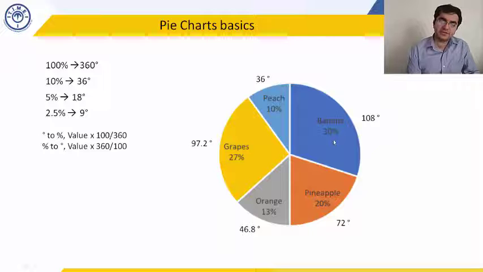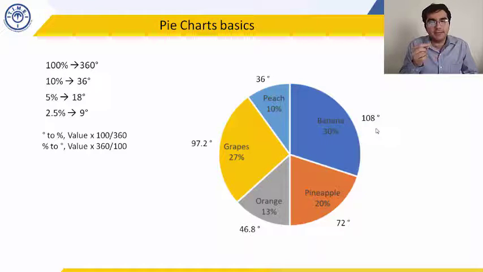Next, what would be 30%? 30% would be 10% into 3, or 36 degrees into 3. So that is 108 degrees. 10% into 3 and 10% corresponds to 36. So 36 degrees into 3, which is 108 degrees.